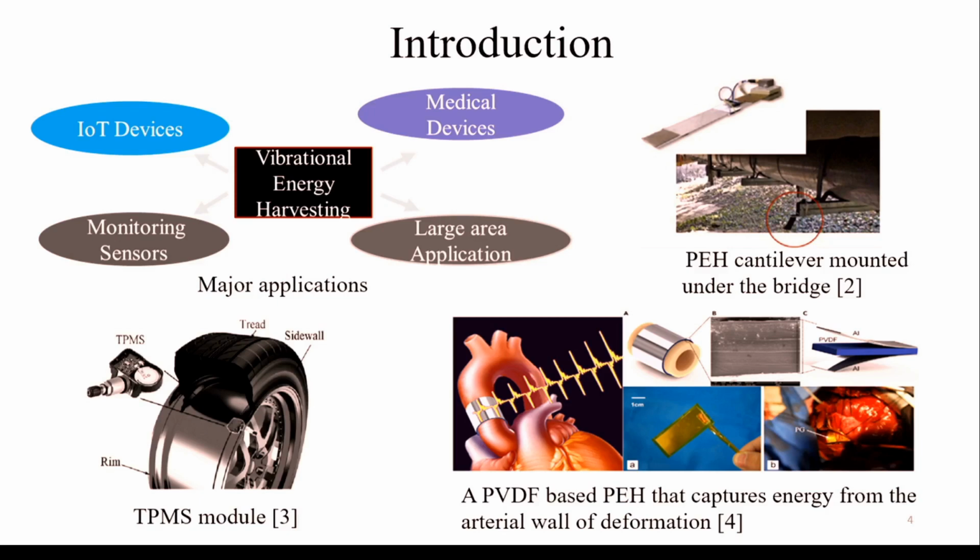Replacing the batteries of that many sensors is difficult, and some sensors are deployed beneath the earth or used in defense applications, where replacement is also difficult. To solve that problem, this is one of the best technologies we have right now. We have applications in monitoring of sensors, medical devices, and also large area applications.